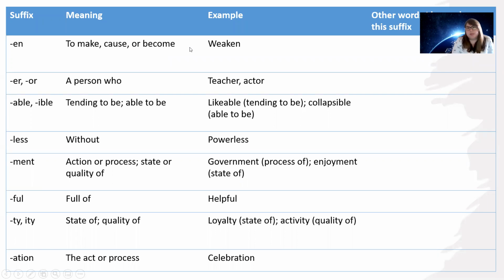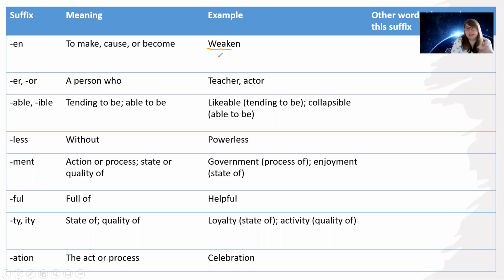So these are our most common suffixes, and just like with the prefixes, make sure you pause here and see if you can come up with other words that you know that use these suffixes. So we're going to start with en. En means to make, cause, or become. So the example that we have is weaken. Weak is our root word.